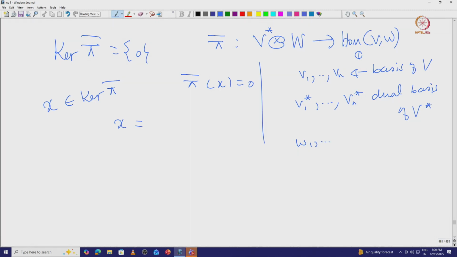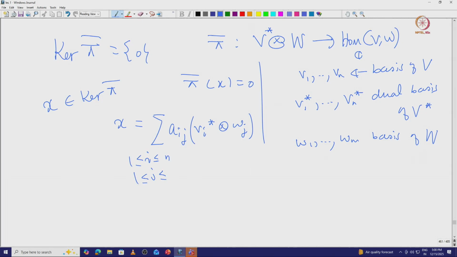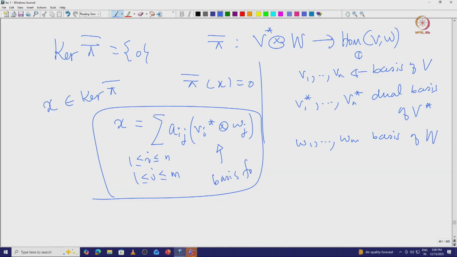Let us fix W 1, etcetera, W m to be a basis of W. Then you can see that x can be written as a linear combination of A i j V i star tensor W j, where i runs from 1 to n and j runs from 1 to m. This is how x can be written, and we know already that these elements form a basis for this V star tensor W.